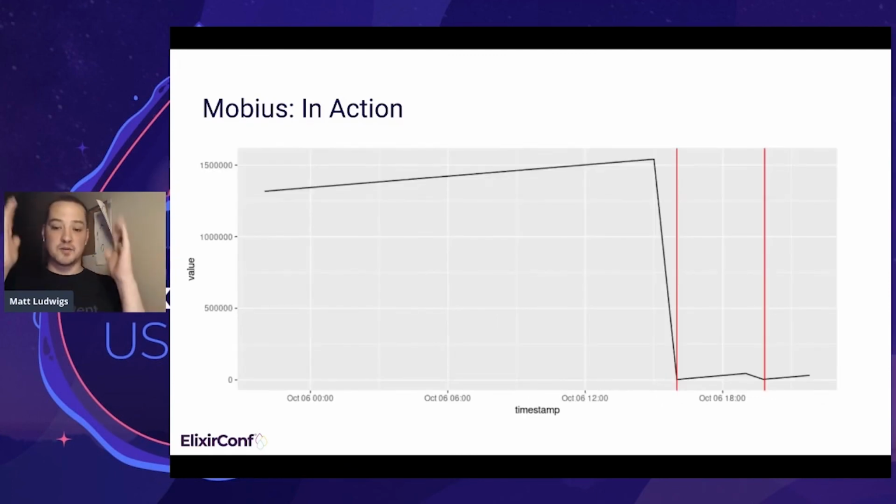So I graphed those two values vertically, and there seems to be a correlation between when that modem disconnects and has to restart and its receive bytes going down.